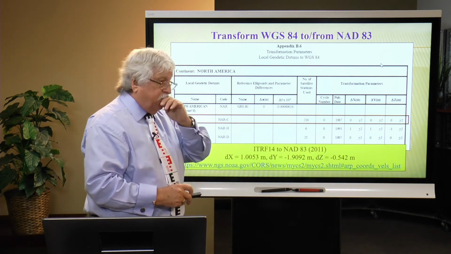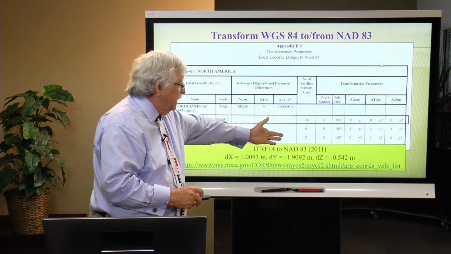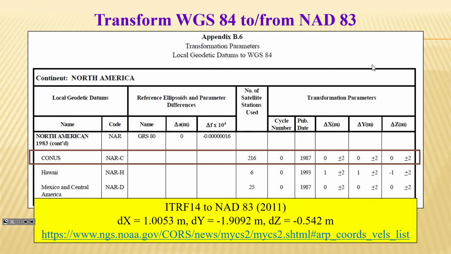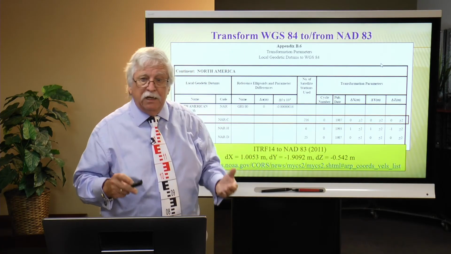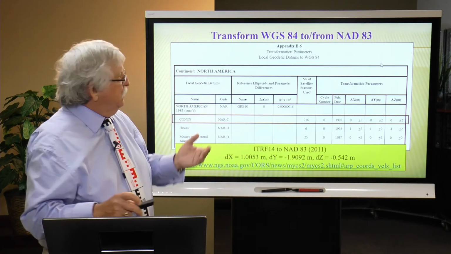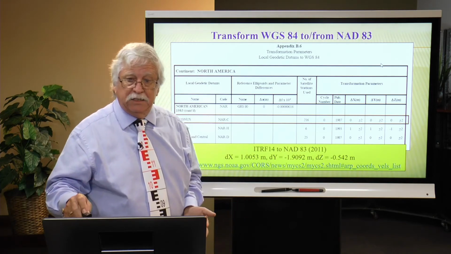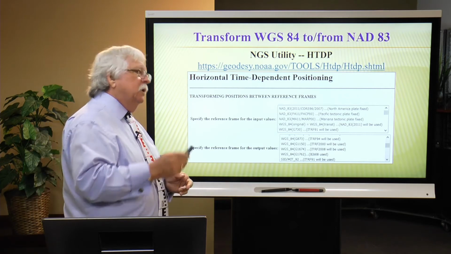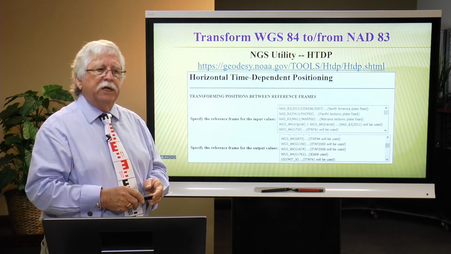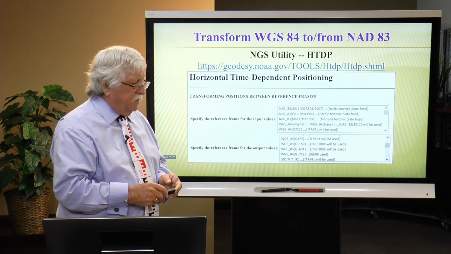Today, based on data from the National Geodetic Survey, ITRF to NAD83, which you could now consider to be WGS84 to NAD83, here are at least the 3 parameter differences. And you can see they're not 0, but they all fall within that 2 meter range. So again, the datums are different by about 2 meters, but they are certainly not 0. There is a utility that you can use. Again, I highlight this in the transformation presentation that we've done.